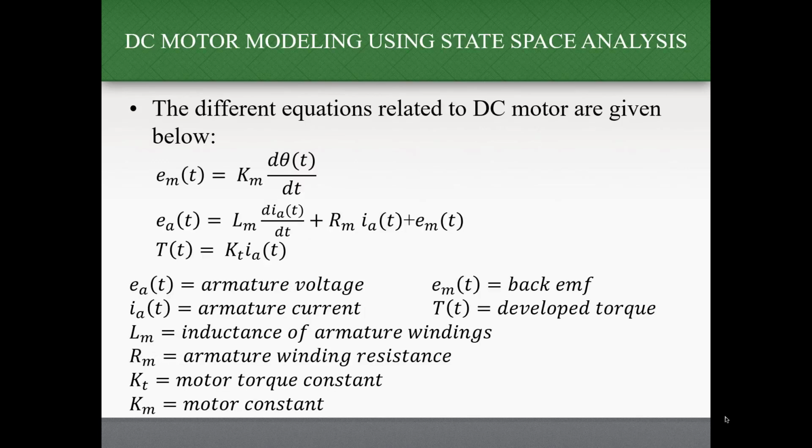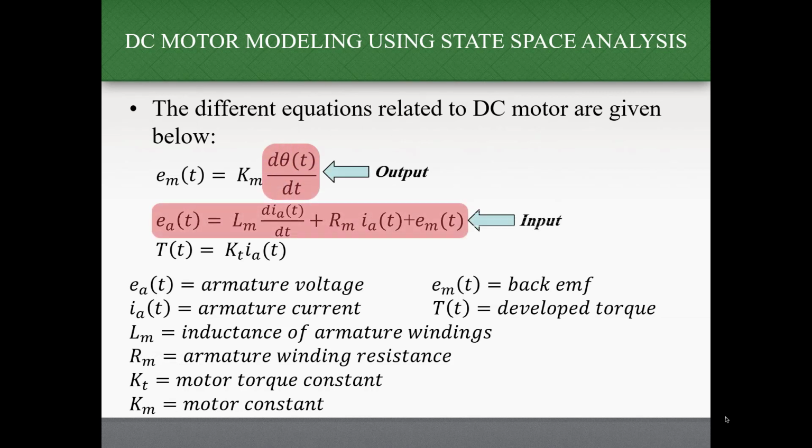Here are mechanical and electromagnetic equations for a DC motor, which is well known since the 1980s. Here we will have two parameters, the first one is angular speed and it is output, and next we will have an input, which is voltage of the armature.